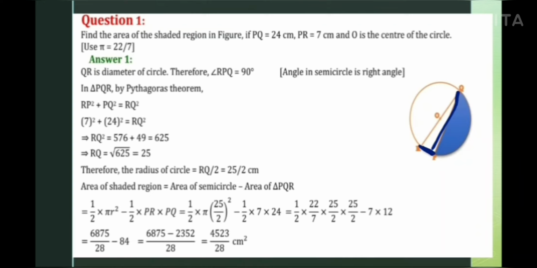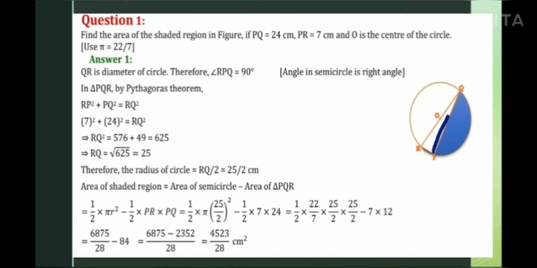Here QR is the diameter of the circle because QR passes through the center O. Therefore, this angle RPQ is equal to 90 degree. Why?